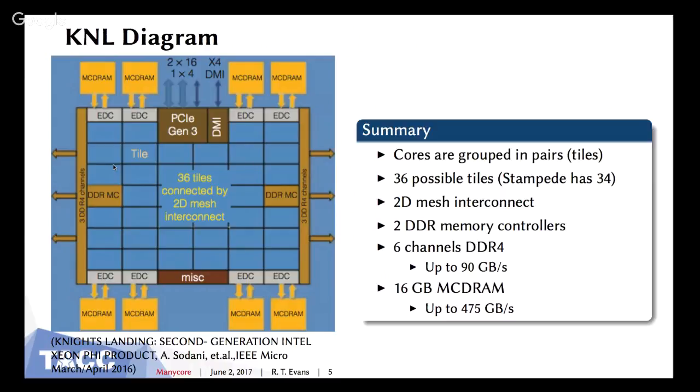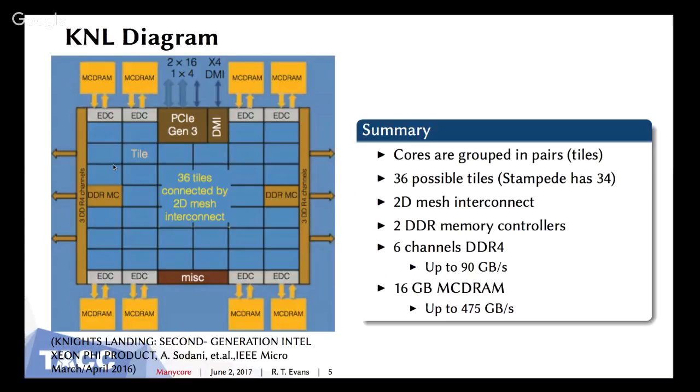And there are 2 memory controllers. So you have access to DRAM through 2 memory controllers. Each has access to 3 channels. And I just want you to remember the general picture here, because in a little bit, we're going to talk about quadrants and clustering and get a little more complex about how to divide this architecture.